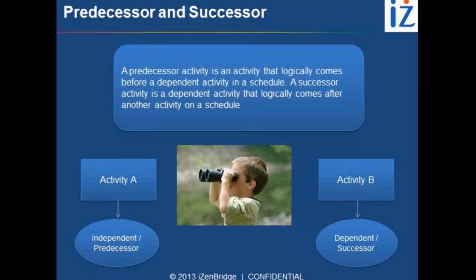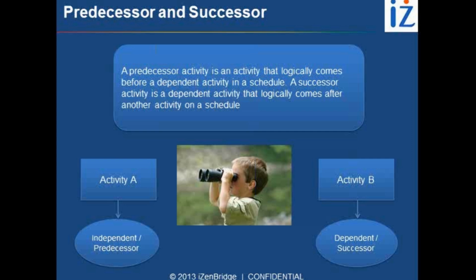If we take an example of software development, design and development: design becomes a predecessor activity. Once the design is over, the development will start, so development becomes a successor activity. A successor activity is a dependent activity that logically comes after the predecessor activity on a schedule.